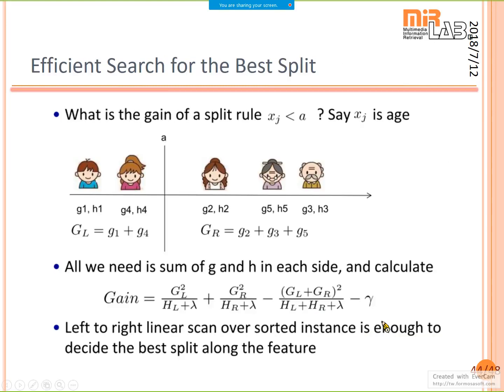We can sort all the instances by the feature value, and if there's a split over here, we can compute GL and GR, then we can compute the gain pretty efficiently. So we can simply do a linear scan. Once all the instances are sorted based on a given feature, we can do the linear scan to find the best split.